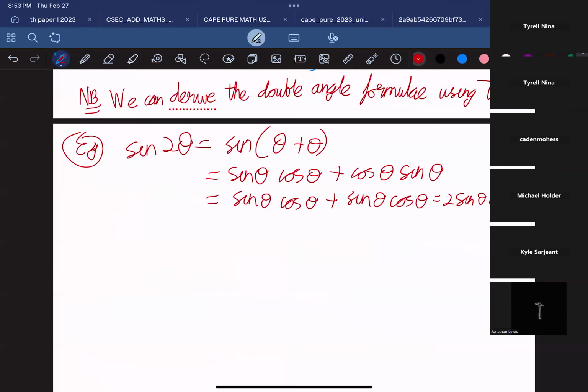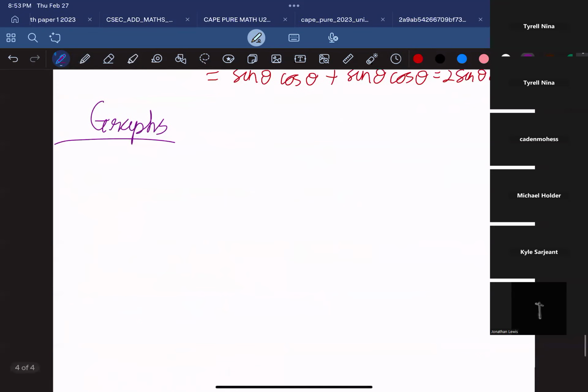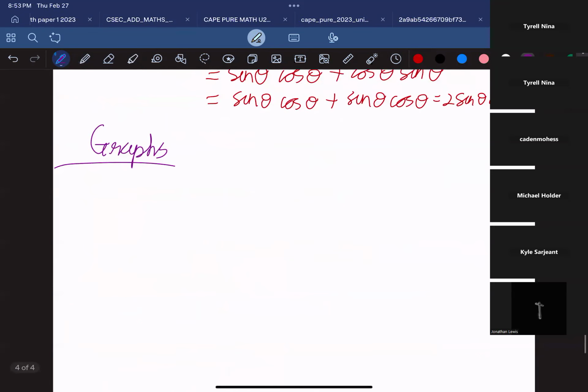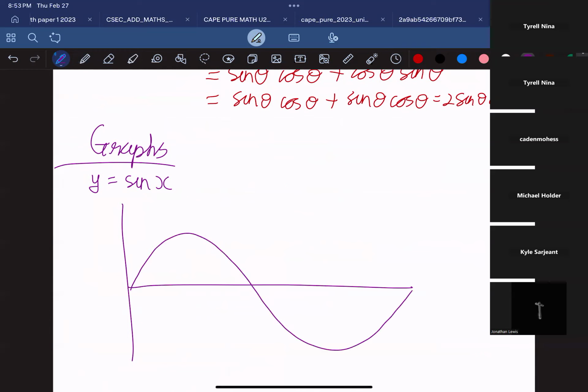So next, we're doing graphs. Y equals sine x looks something like this. We have 4 major points, technically 5.